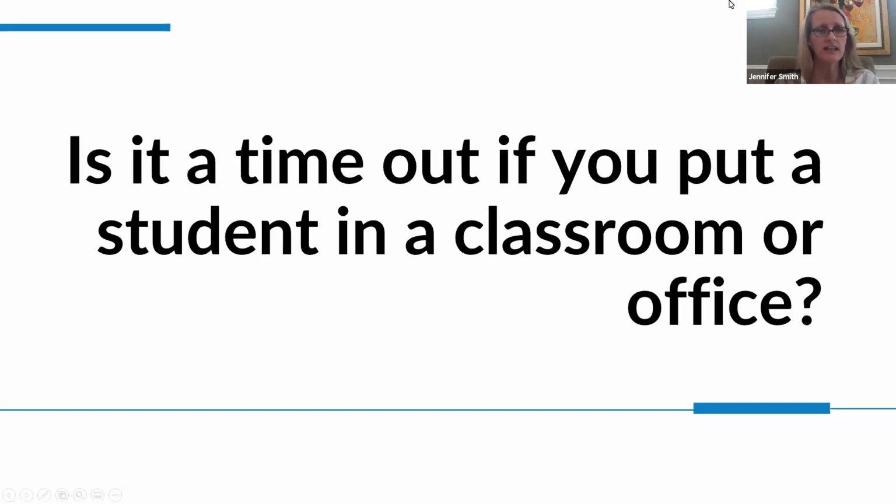So in a space that is used not just for the student's discipline, but an in-school suspension room or being sent to the principal's office, if that's part of your regular protocols for discipline in the school, you can use that for all students. And that removal to the in-school suspension or being sent to the office to check in with an administrator is not a timeout or an isolated timeout.